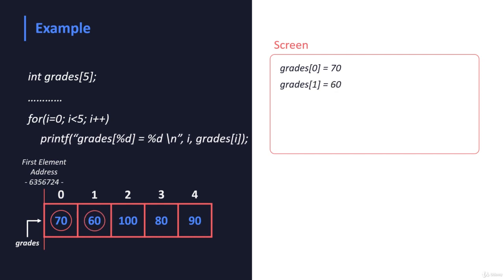Then on the second iteration 60, then 100, then 80, and so on until the last element, which is 90. So that's how you print all the elements of your given array. And it doesn't matter if this array is an integer array, a characters array or a floating point array, the structure of printing all the elements will be pretty much the same.